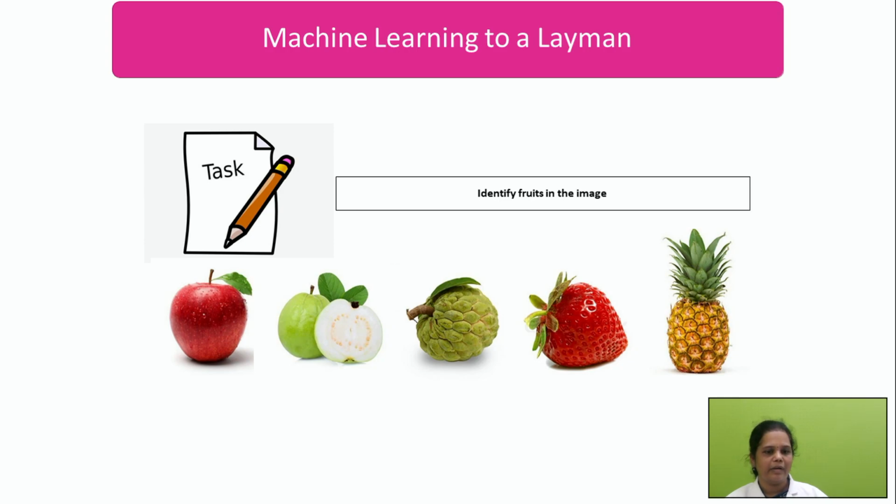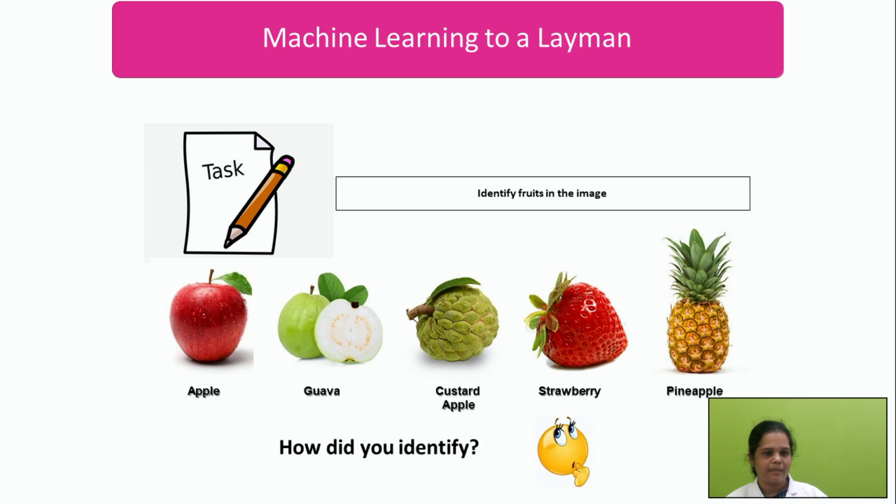Here, 5 different fruits were given. We are going to classify what fruit each image shows. When the fruit is oval in shape and red in color, we classify it as an apple. This task was given to the students, and the students were able to clearly identify what each image was. How was it identified?